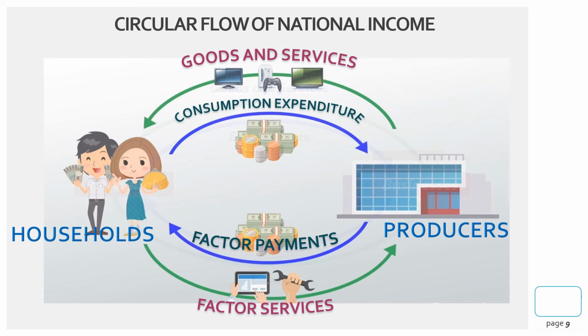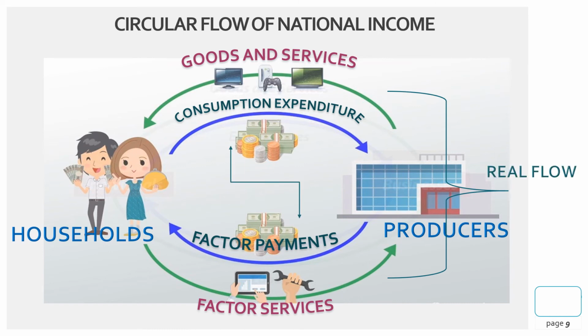Now, listen carefully. The flow of factor services from households to the producers and the flow of goods and services from producers to the households is called the real flow. Whereas the flow of factor payments from the producers to the households and the flow of consumption expenditure from the households to the producers, shown by the blue arrows, is called the money flow.